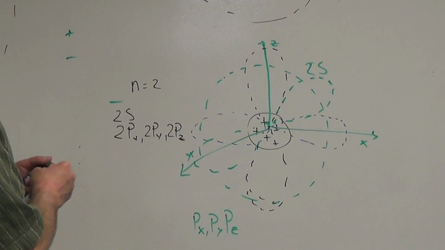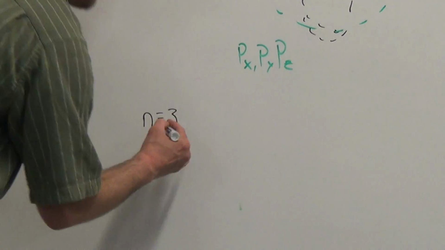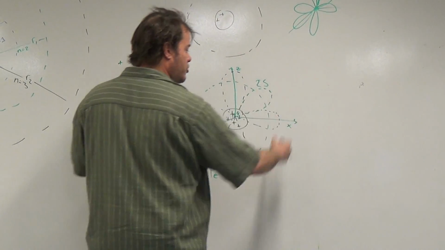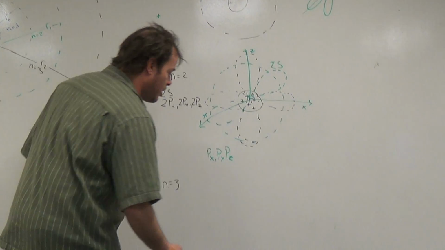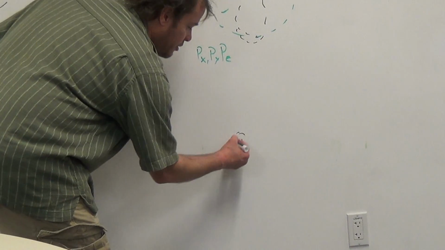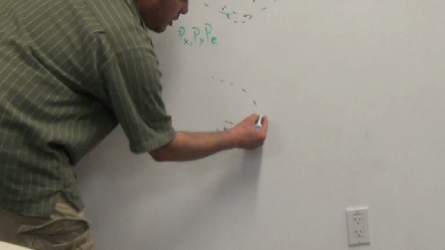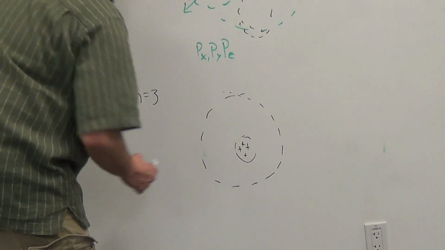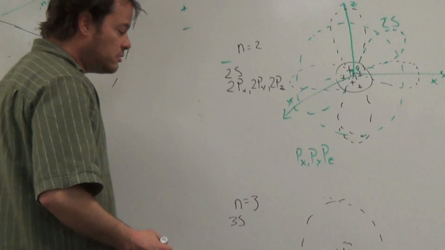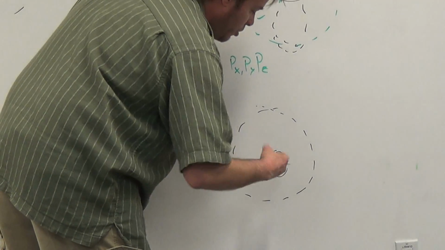We go out and we build the n equals 3 level, now moving outside to an even larger radial separation. This isn't supposed to be the exact number of charges, I'm just throwing some charge in there. You start off with a 3s orbital. Also on top of that, you have your p orbitals.